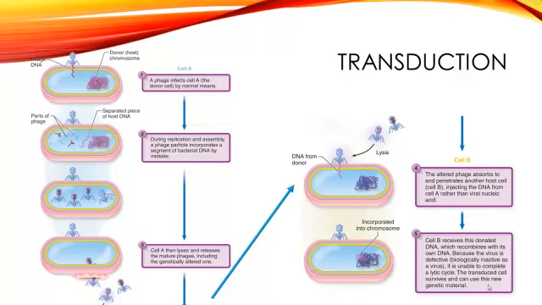This information then gets incorporated into the new cell. However, this wouldn't matter if the cell was only going to be taken over by the phage. However, when the phage took up the bacterial DNA, this made the phage inactive and incapable of infecting new cells. This allows for the DNA to be transferred and incorporated into the new cell without it being killed by the phage.